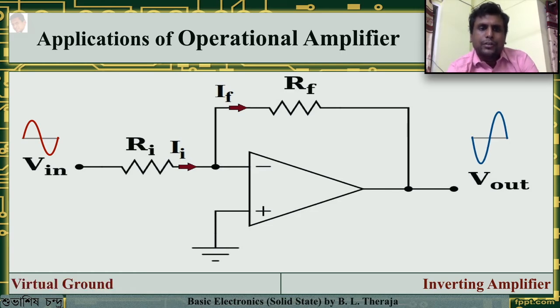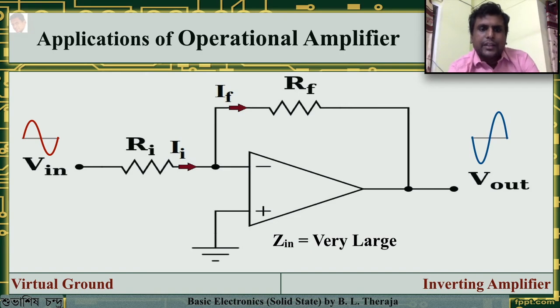Now, we know that the op amp has very large input impedance, which means that negligible current can flow into the op amp at the inverting input. We will take this current to be 0. That is, there is no current flowing through the op amp. So if there is no current through the input impedance, then there will be no voltage drop at the inverting and non-inverting inputs.